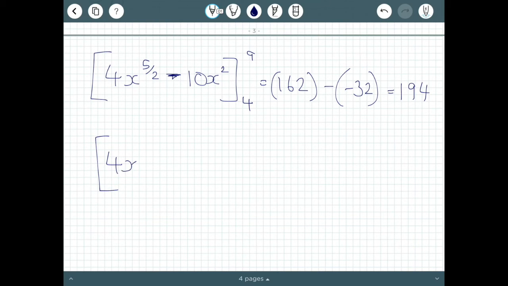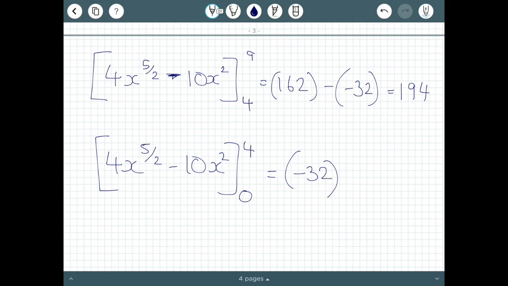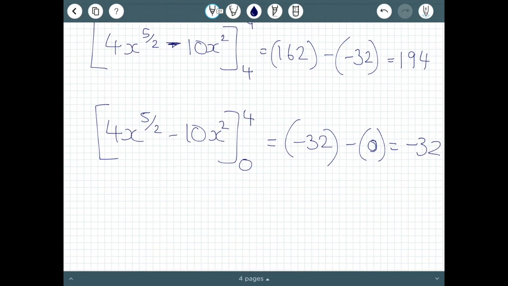Substituting in now the values for 4 and 0, you will end up with minus 32, take away 0, because substituting in 0 for x is going to give 0, so your solution is minus 32. Remember that this is not actually the answer.